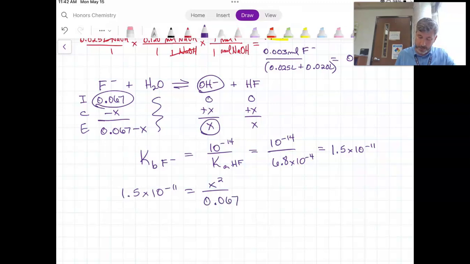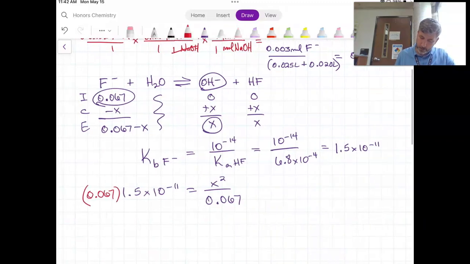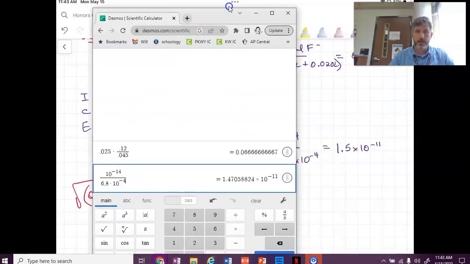And I don't have to subtract X here because X is going to be so small in this problem, it's not going to make any difference. Okay, so I should be able to just multiply both sides by 0.067. That takes care of that, and then take the square root. And so that gives me x equals, bring it back over here.